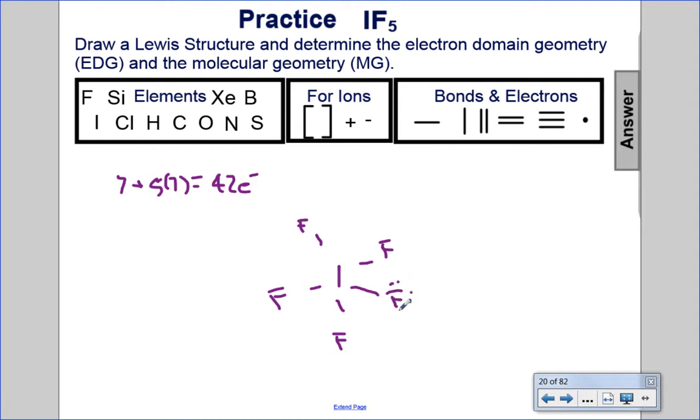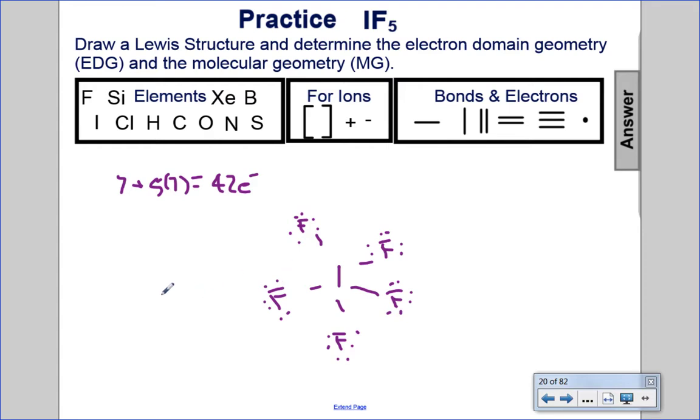You then need to put electrons around each of the fluorines. Iodine already has 5 bonds, so it is already past 8 and is up to 10 around the iodine atom. So we don't need to add any electrons there.